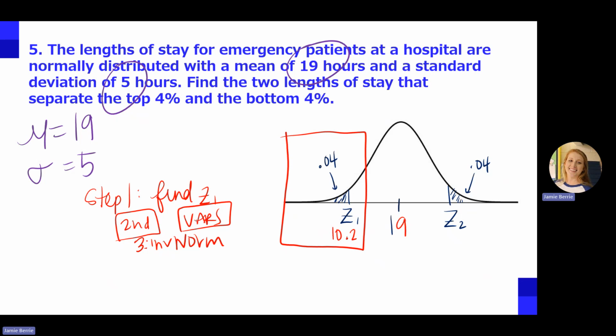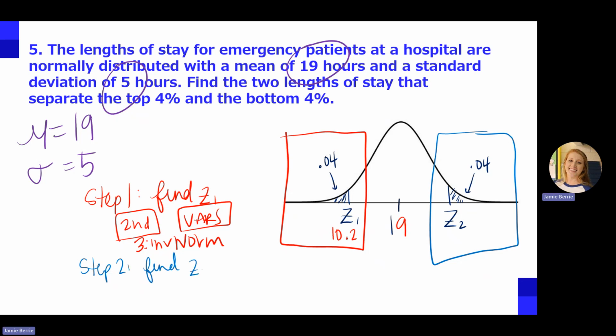Now you're just going to go back in and do the exact same thing, but for Z2. That would be step 2, to find Z2. Go to second vars, go down to inverse norm. 0.04, this time to the right.